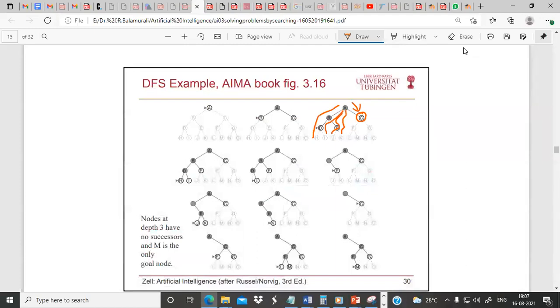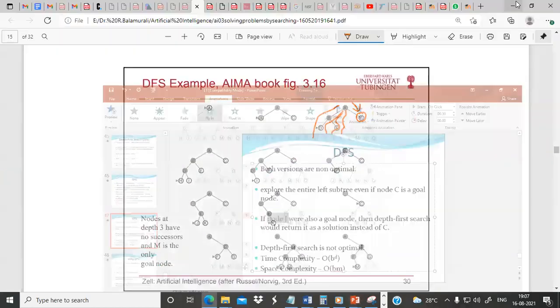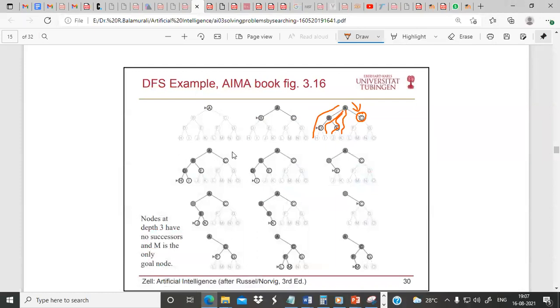This is one reason. Another reason is, assume that we have two goal states: J is also a goal state and C is also a goal state. J is here. Now the algorithm will give the solution as J. It won't give C. But actually C is the optimal solution, because C is available at the least cost.